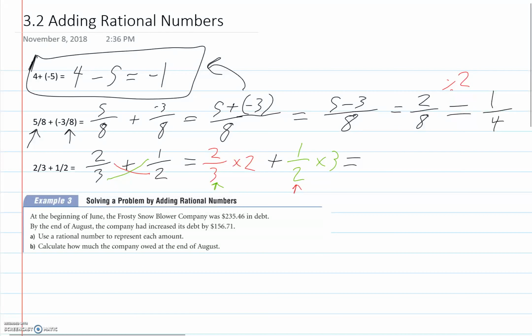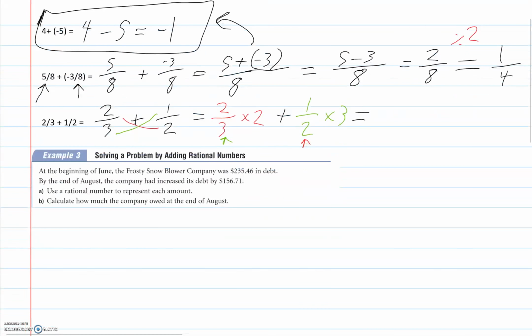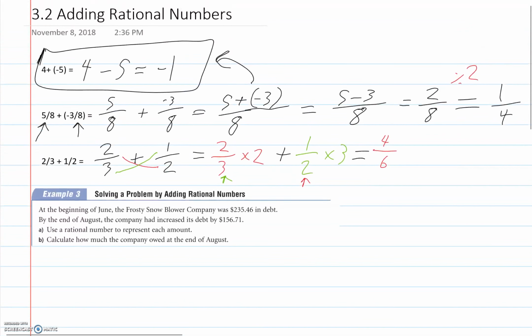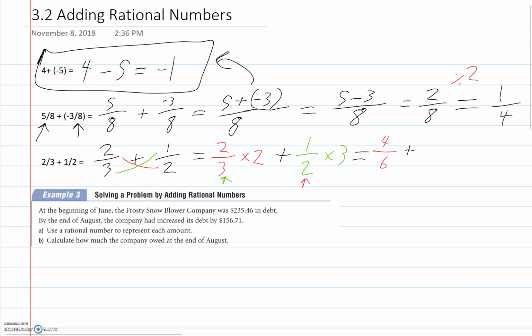Now if we actually do that, 2 times 2 is 4, 2 times 3 is 6. Then 1 times 3 is 3, and 2 times 3 is 6. Now look at that, we have a common denominator of 6 in both spots.